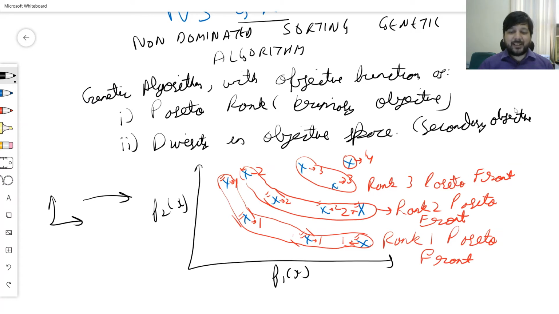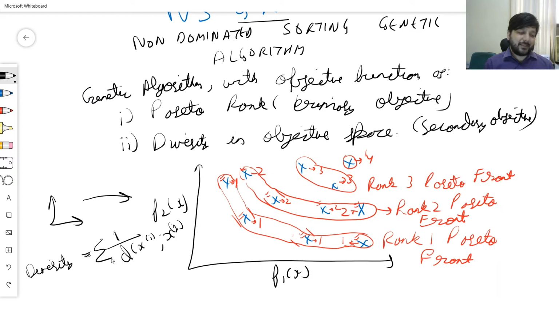And I will not deal with it because I've already said that the diversity is inversely proportional to the distance xi xj. And then we were summing it over.